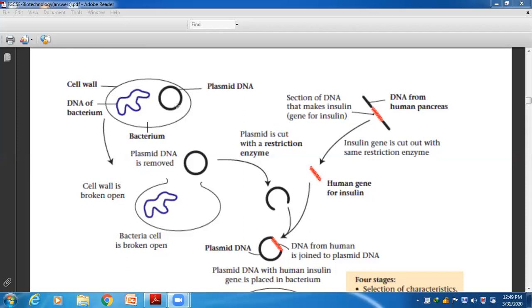At the same time I also isolated the plasmid from bacteria. This is the extra-chromosomal ring that I removed from this bacteria. Now when I remove this plasmid, I also treat this plasmid.